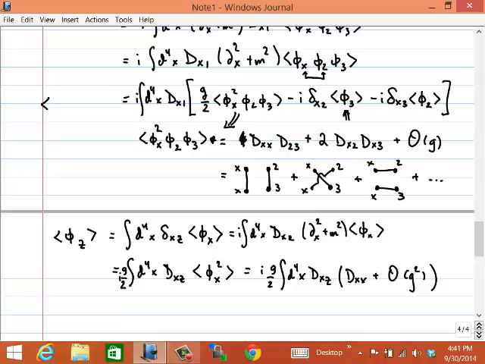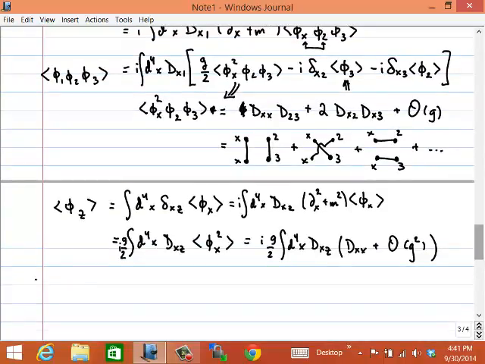So let's go ahead and plug this into our expression for phi 1, phi 2, phi 3. So what do we get? Well, phi 1, phi 2, phi 3 is going to be a sum of a bunch of different terms. So you'll get a g over 2 out front, an integral d4x, and then you get these first terms.